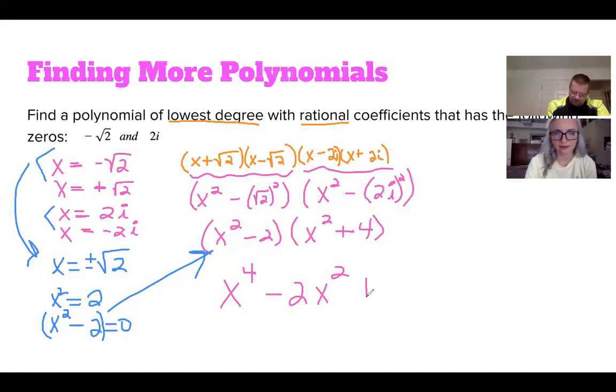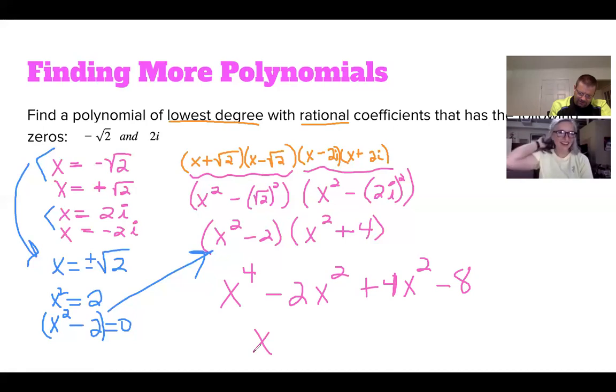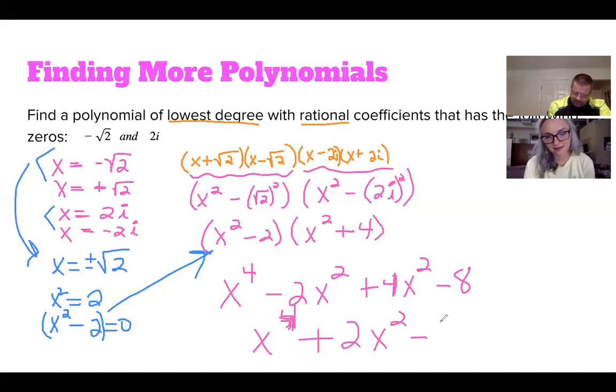Sorry, I wasn't done. Yes, the answer is positive 2. I thought you were going to skip that step. You skipped it in all the other parts. Sorry, my bad. x to the 4th plus 2x squared minus 8. There's my polynomial.